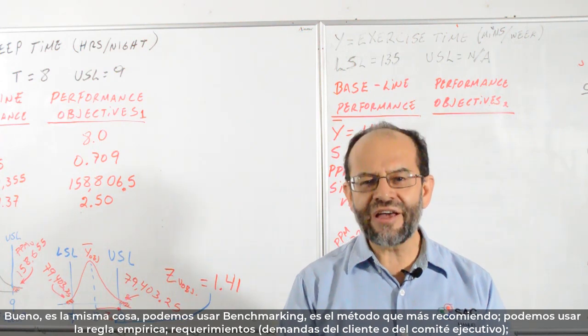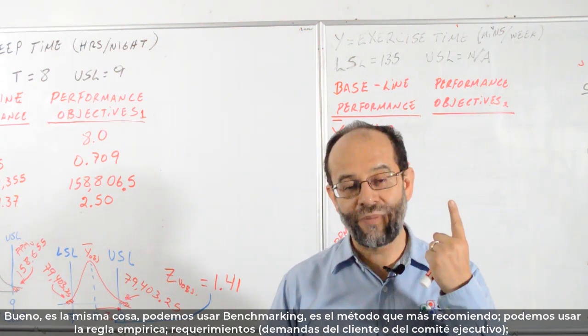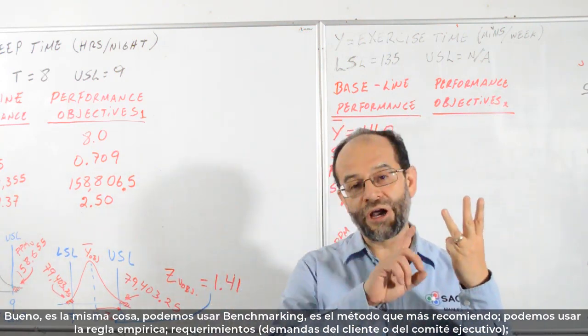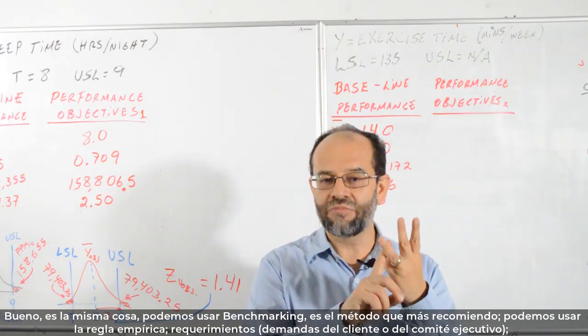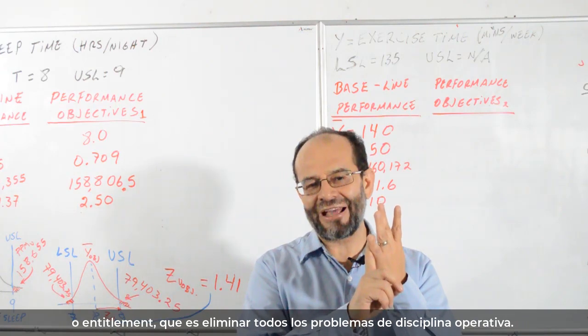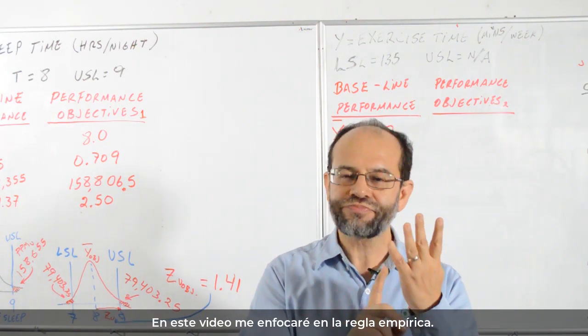Well, it's the same thing. You can use benchmarking, which is the method that I recommend the most. You can use rule of thumb. You can use requirements, demands from the customer, from the executive team, or you can use entitlement, which is eliminate all the operative discipline issues.